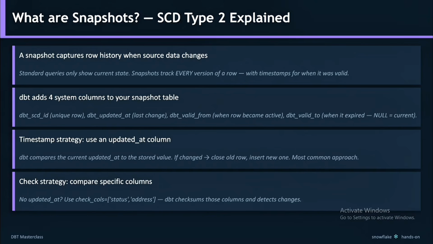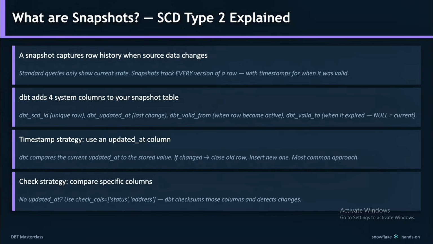Basically, dbt snapshot takes care of SCD type 2, but I'll explain what SCD type 1 is. SCD type 1 overrides the old data with new data, means it doesn't keep any history. Whatever data is coming, it's getting updated, means it is overwriting old data. And now come to SCD type 2.